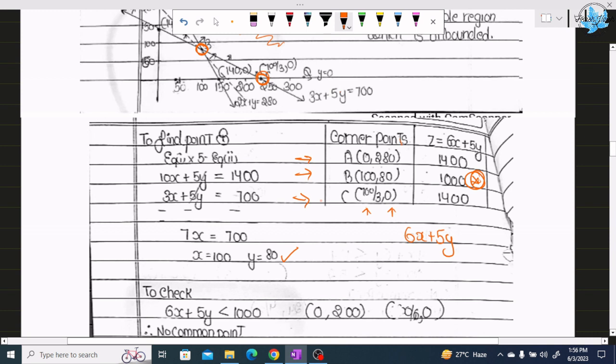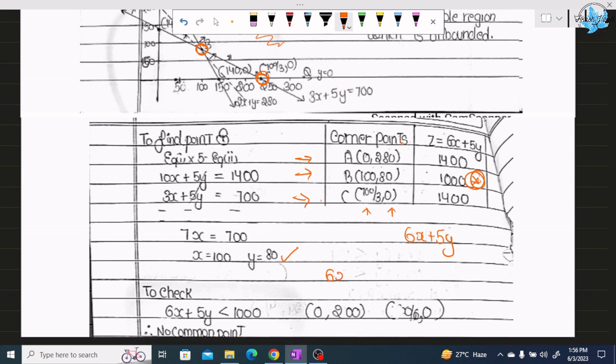So how do we find that? Whatever your objective function is, keep it as it is, and to check that this is your minimum value, put it as less than or equal to 1000. Now check whether there is any value which is greater than 1000 or whether it is the minimum value.